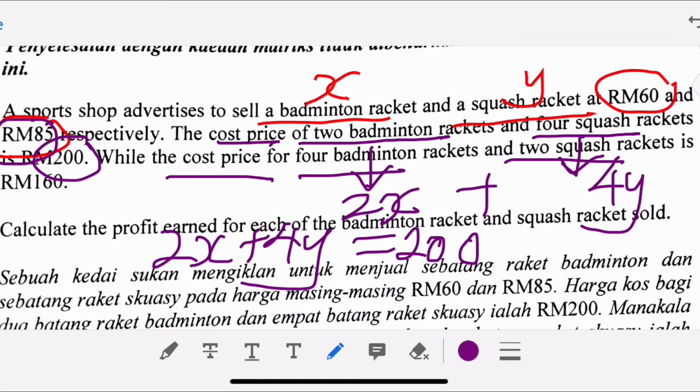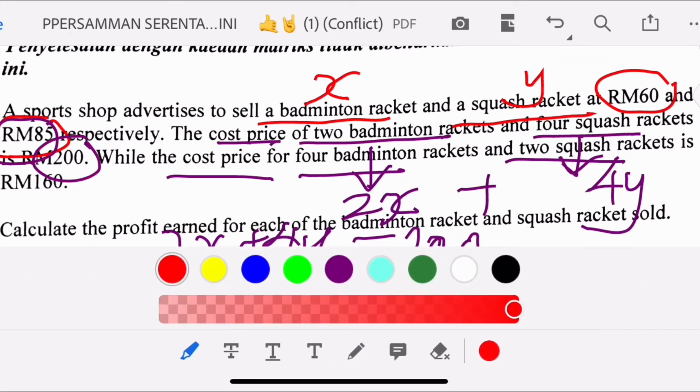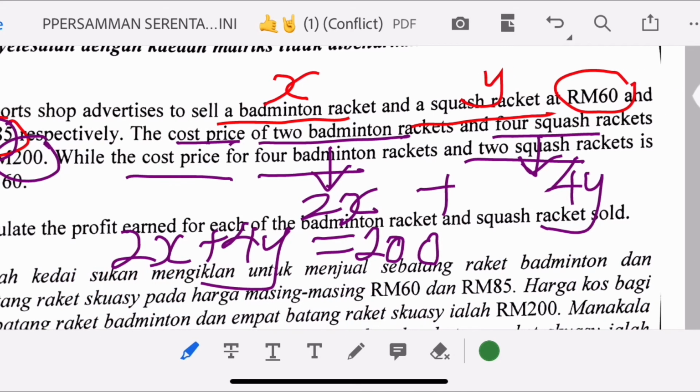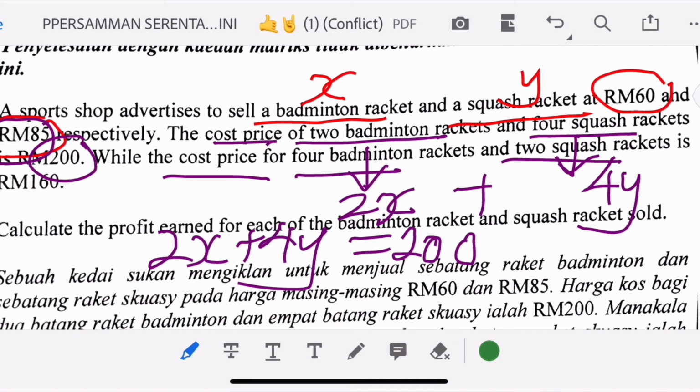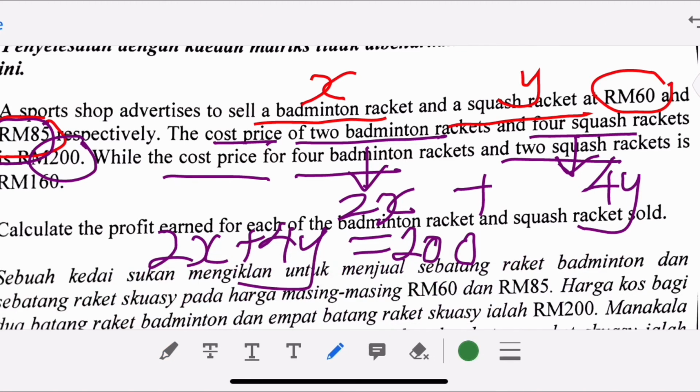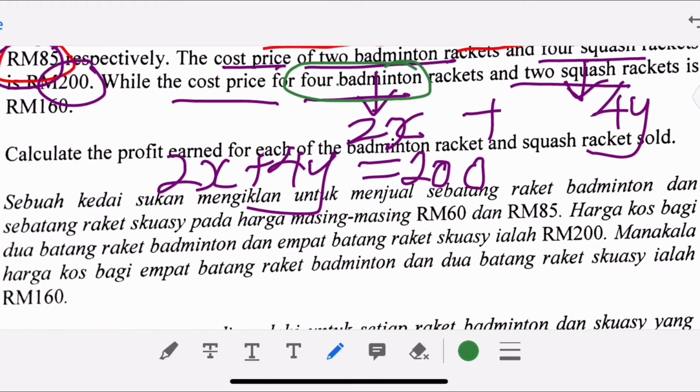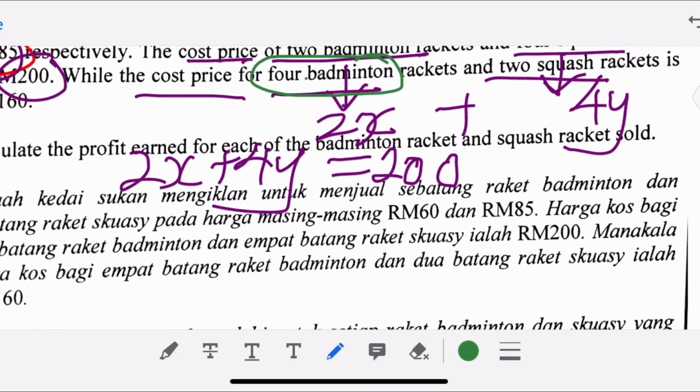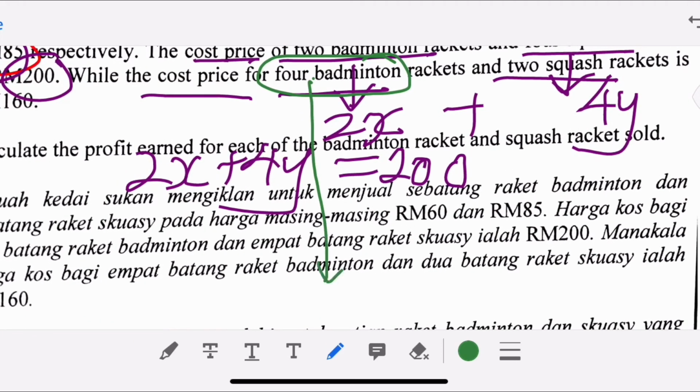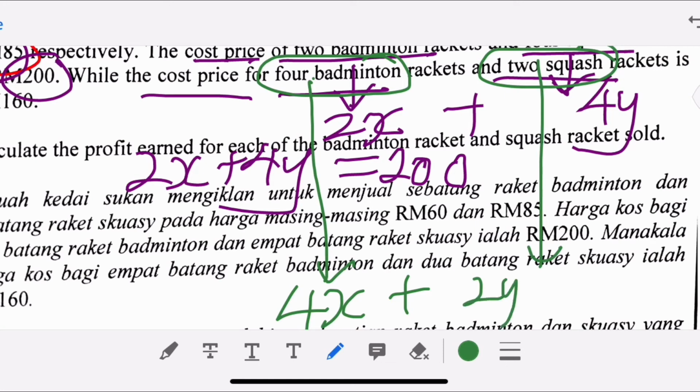So for 4 badminton rackets, I highlight in green color, and then the 2 squash. The 4 badminton rackets you write as 4 times X, and the 2 squash you write as 2 times Y. Then we connect using plus, equal to 160, right?